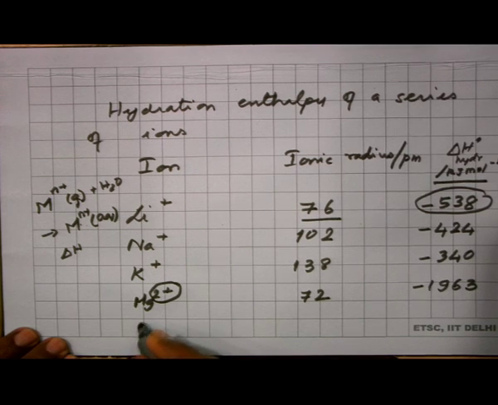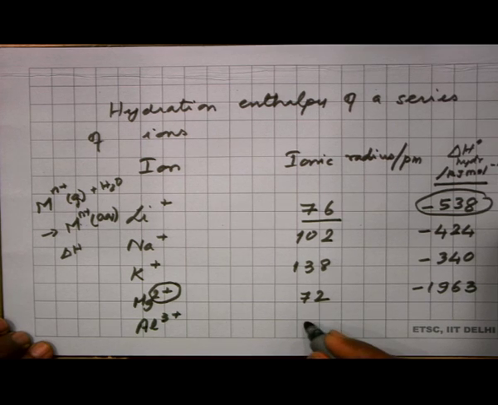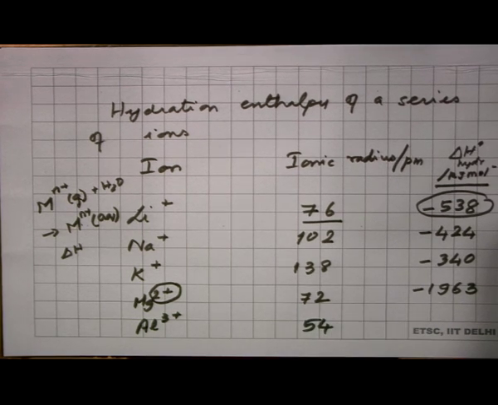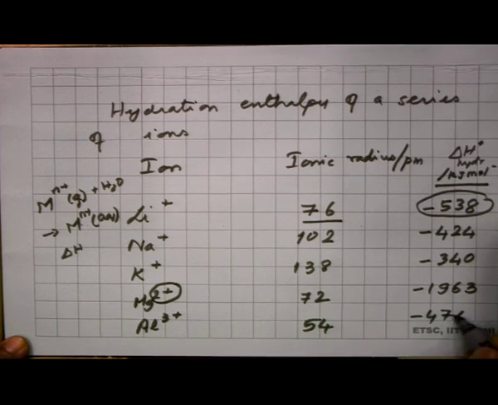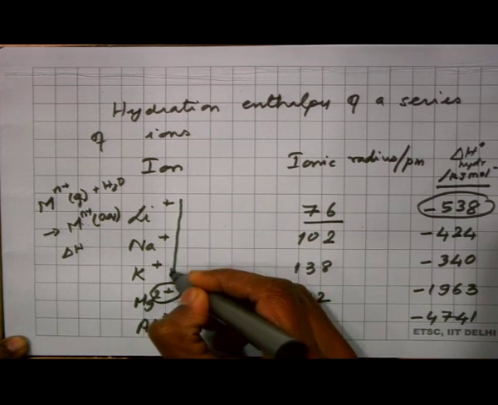And if you went to Al3 plus, it has an ionic radii much smaller and a hydration enthalpy which is much bigger. So, this illustrates the trend that you see as you go down the period.